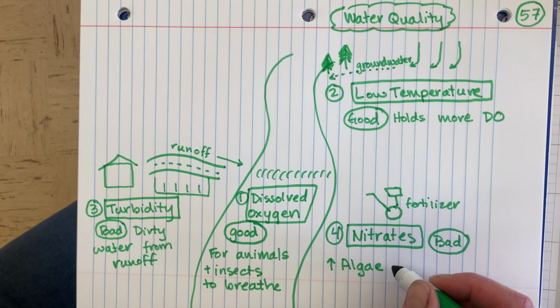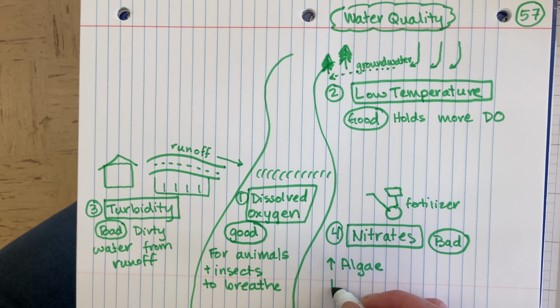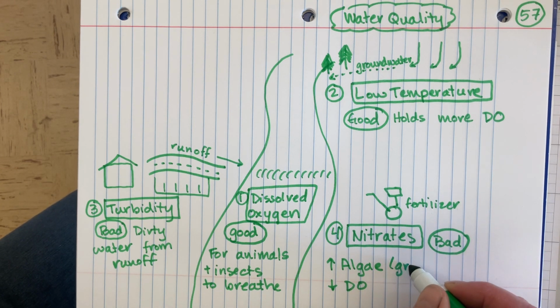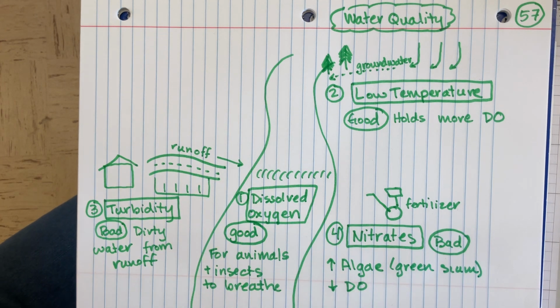And when it dies all at once, then it decreases the dissolved oxygen. And so the things that are living in the creek can't breathe, and that's obviously bad for them. The algae tends to be that green scum that you see on top of some waterways.